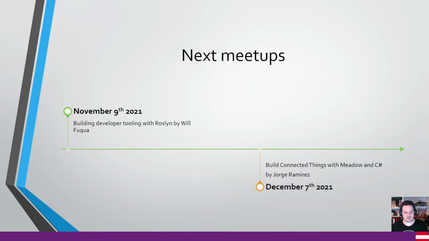Now, the real cool things. So, next meetups. Got some cool talks in the pipeline. November 9th, right after the .NET Conf keynote, we have a talk by Will. I don't know yet how to pronounce his last name. Building developer tooling with Roslyn.